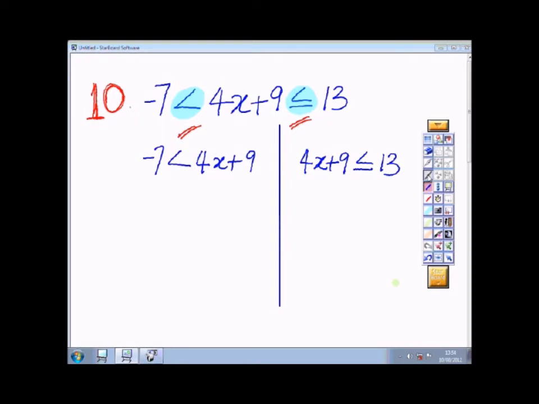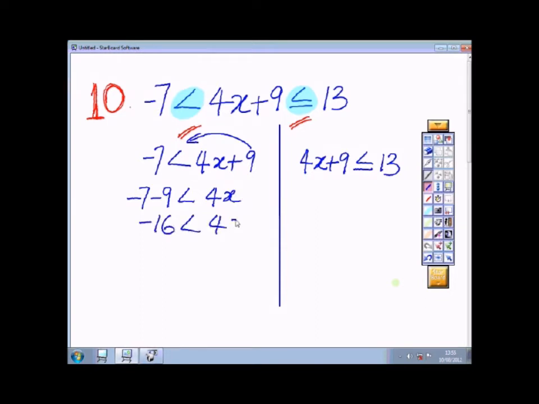On the left side, we have minus 7 is less than 4x plus 9. We transfer this 9 to the left hand side so that we have minus 7 minus 9 is less than 4x. And this gives us minus 16 is less than 4x.